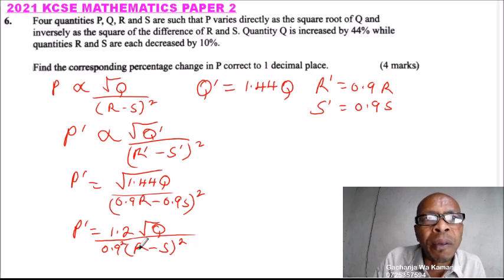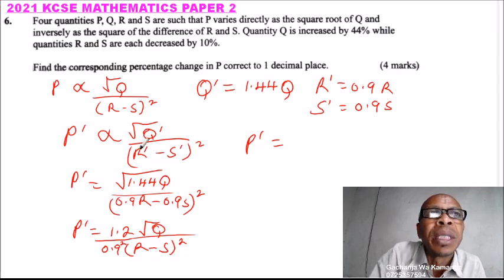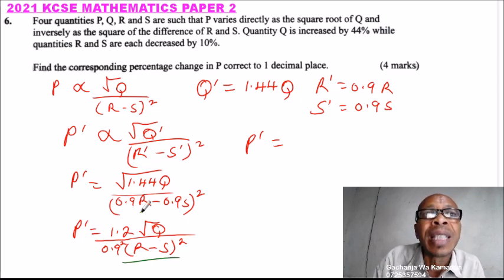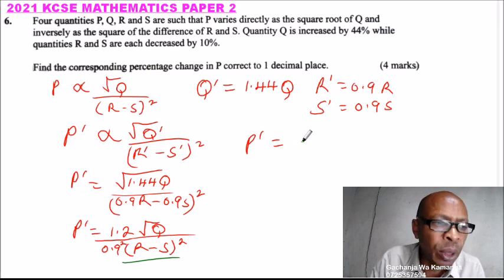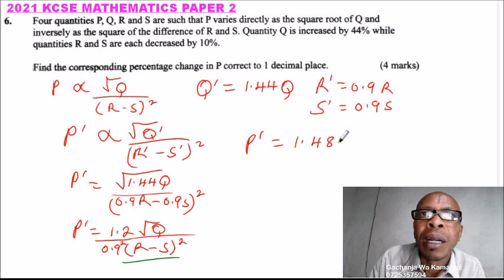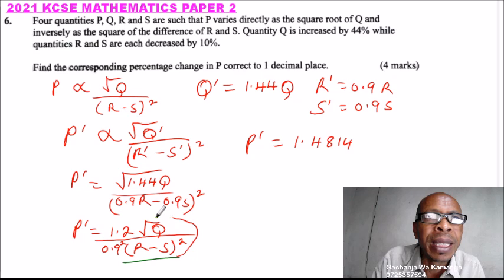So you find that the new P is equal to what we have here. What we have here is actually the old P. If you divide 1.2 by 0.81, you will get 1.4814, and this one now represents the P.